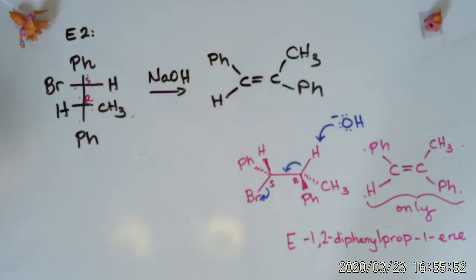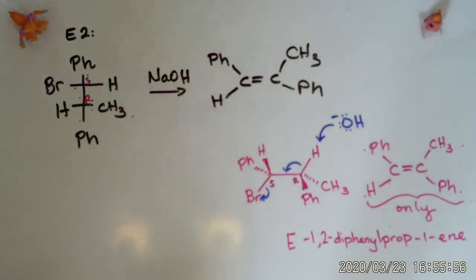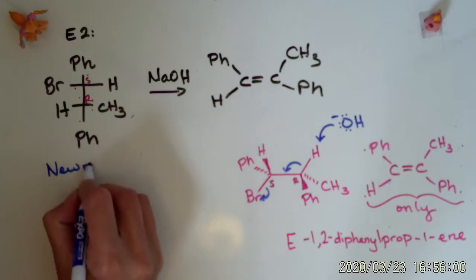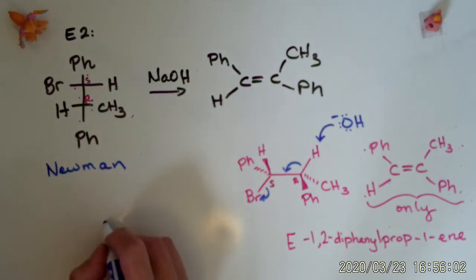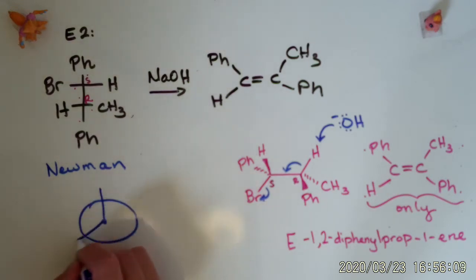If it's neither, you cannot get an E2 product. So let's take a look at my Newman projection. This is C1 in the front, and C2 in the back.